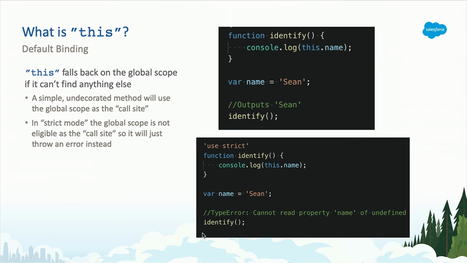By default, the this keyword binds to the global scope. Basically, when the this keyword can't be determined, the compiler falls back on the global scope. However, if you're using strict mode, which you will be when you're writing LWC, then the this keyword will be undefined and will actually throw an error instead.